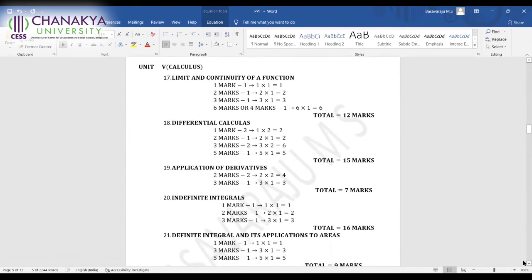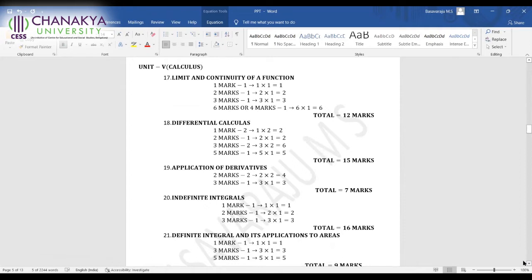And the next one is the calculus part. A few of the commerce students make a habit of leaving this entire section out, not practicing it from the examination point of view. But this is the unit which has more weightage for your entrance exams if you are opting for CA, CPT, or some banking exams.